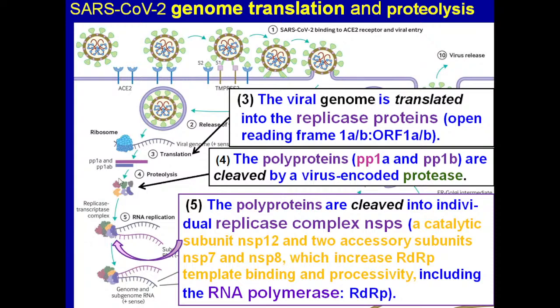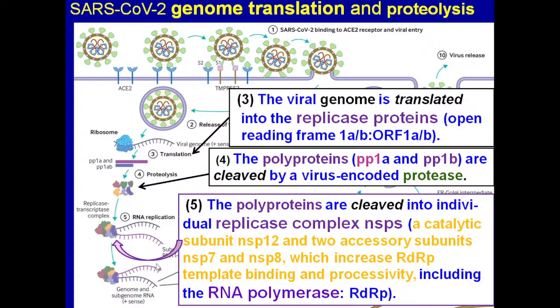Then we have further cleavage of the replicase into the proteins that perform the initiation of genome replication. These are the catalytic subunit NSP12 and two accessory subunits, NSP7 and NSP8, that increase the RNA-dependent RNA polymerase template binding and processivity.